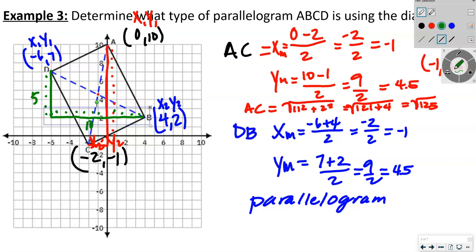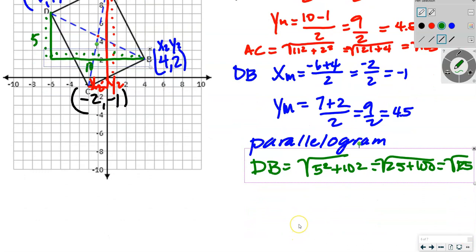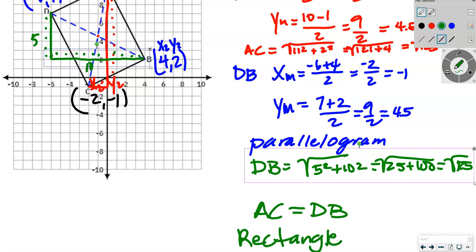When we're looking for the length of DB, we're going to do 5 squared plus 10 squared. That's 25 plus 100. And guess what? That's the same as what we got up there, the square root of 125. So if AC and DB, which are our diagonals, are equal, then we know this is a rectangle, because its diagonals are congruent.